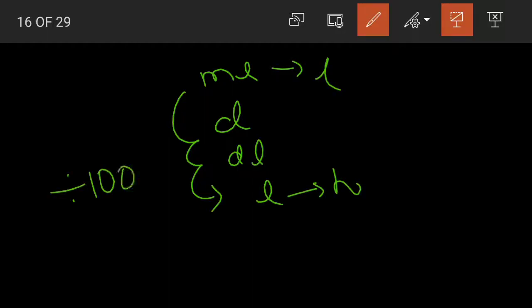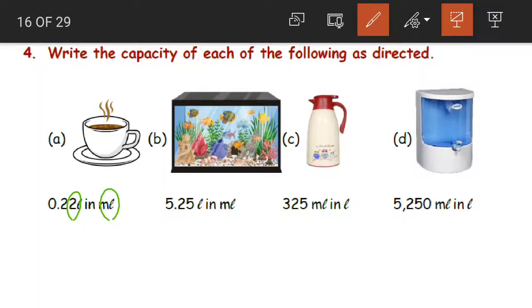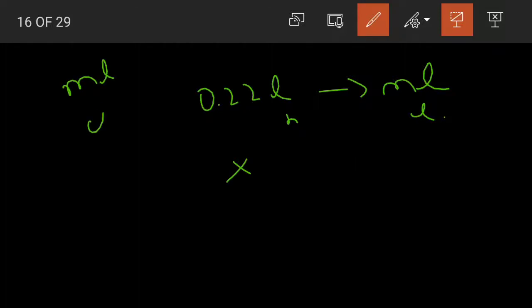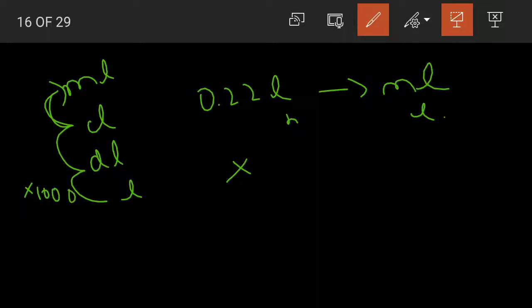We'll divide by 1000. Liters to milliliters. 0.22 liters into milliliters. We are converting a higher unit into a lower unit. So we'll multiply. 1, 2, 3. So we'll have 3 jumps, that is multiply by 1000.